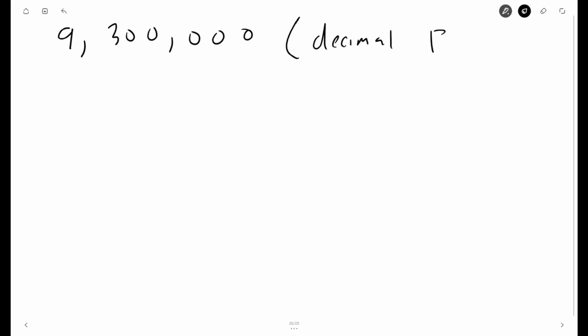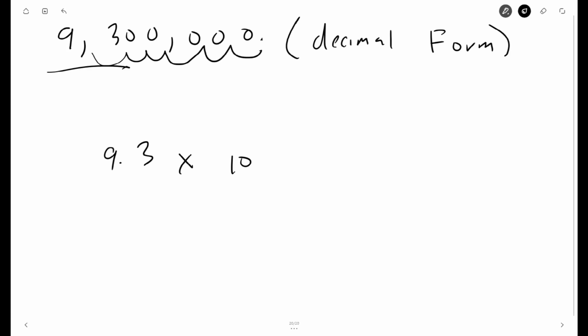Let's look at the last example. 9,300,000. We want a number between 1 and 10, so that would be 9.3 times 10 to the something. The decimal point is here. Now we go 1, 2, 3, 4, 5, 6.